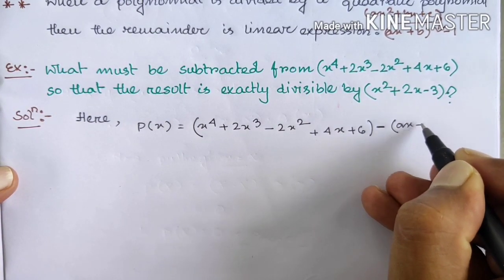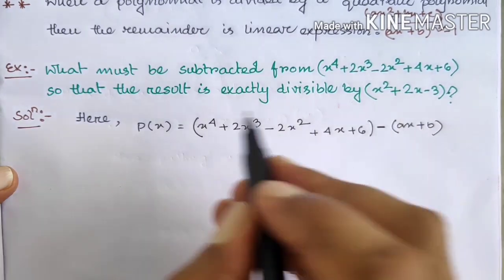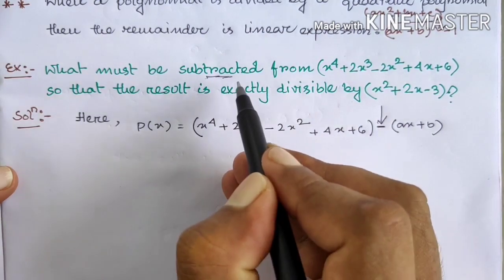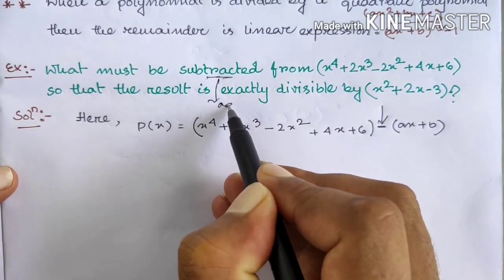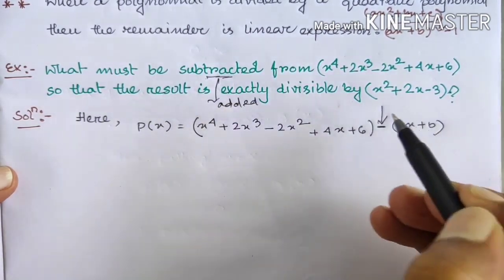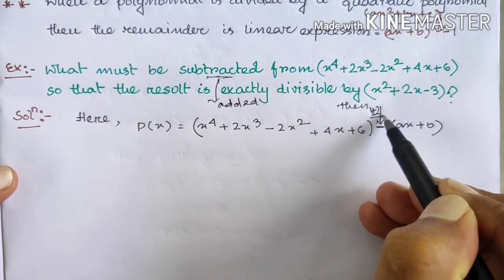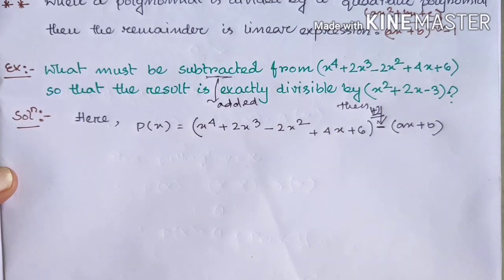And the general form of a linear expression is ax plus b. If in the question the term is added, then you have to add the expression ax plus b.